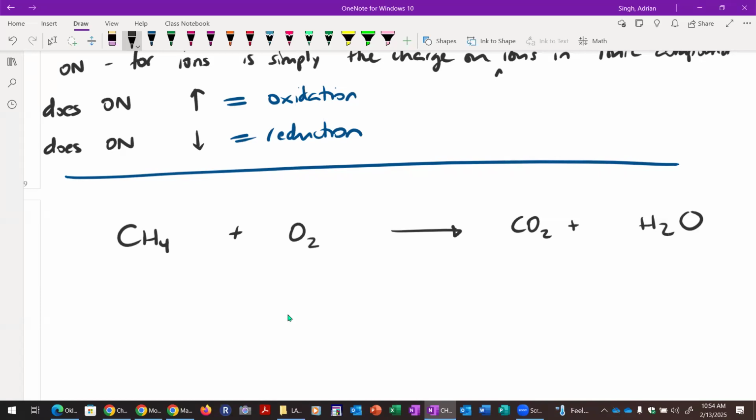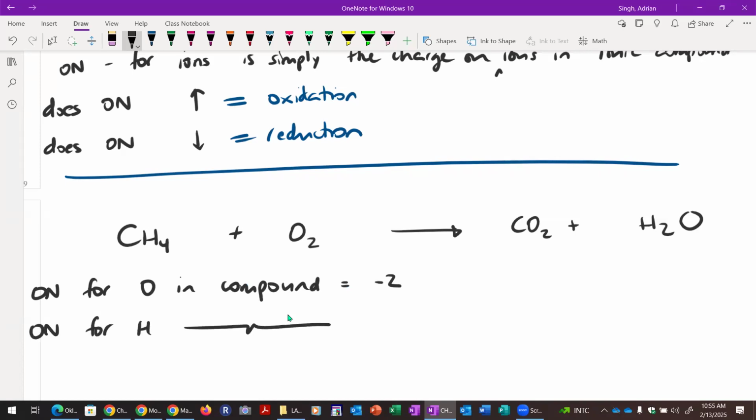So some other rules that we're going to see is that the oxidation number for oxygen in a compound, as we saw previously, is usually -2, and then the oxidation number for hydrogen in a compound is usually +1, right? Unless, we don't see this very often, but unless it's combined with a metal.